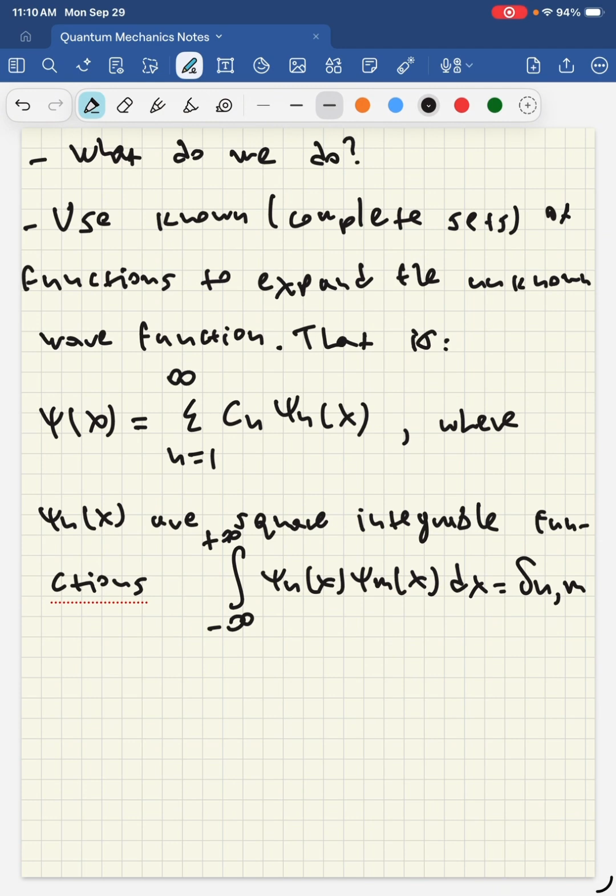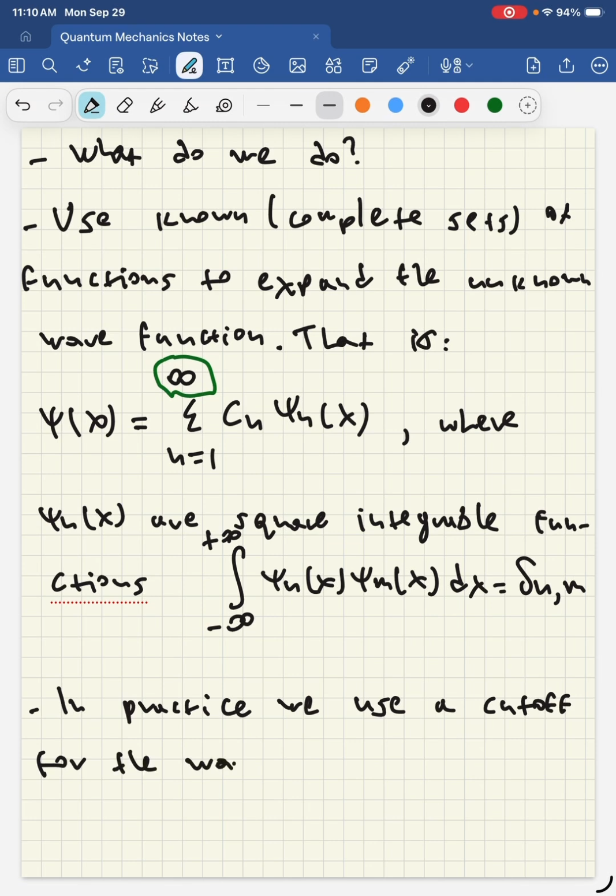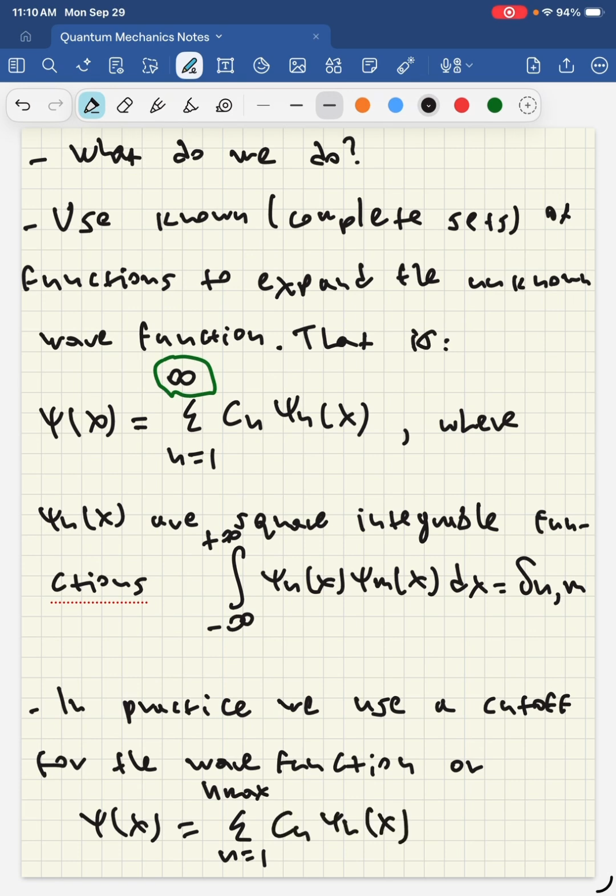Okay, notice here that the expansion goes to infinity. This is impractical. We cannot calculate things to infinity, right? So we usually use a cutoff. So in practice, we use a cutoff for the wave function, or psi of x goes from 1 to some n max of c_n psi_n of x.